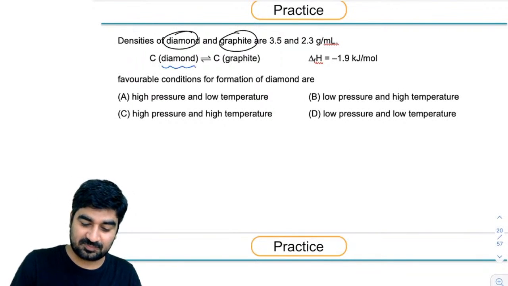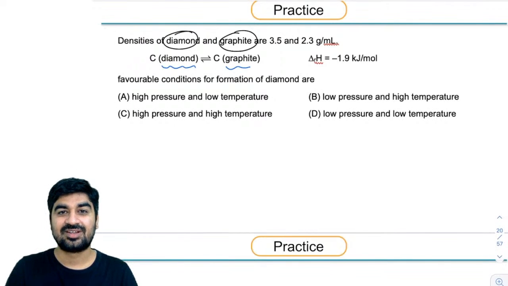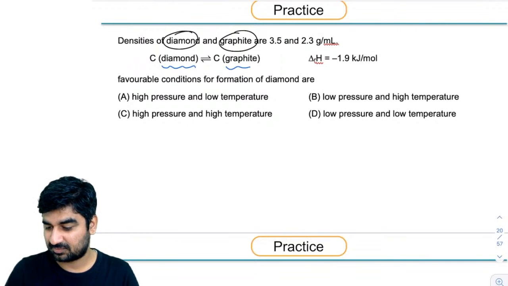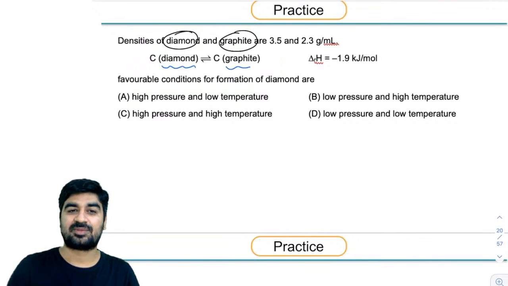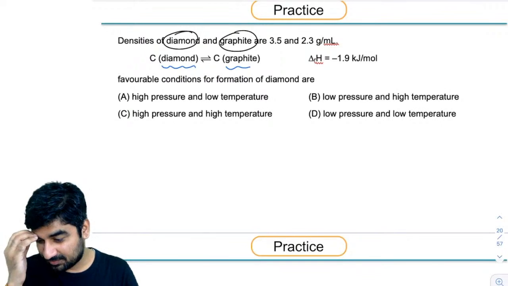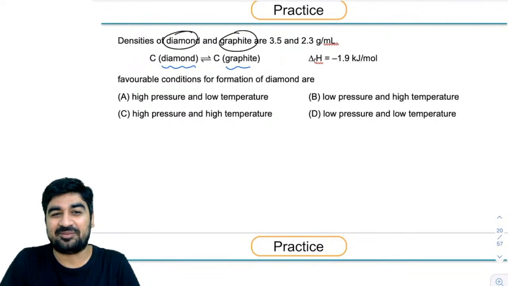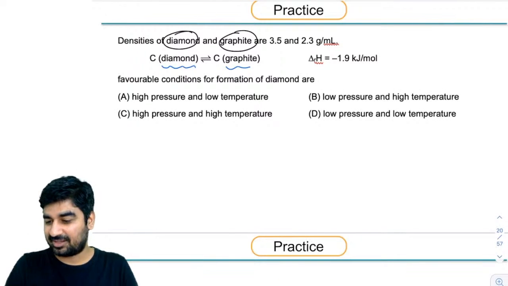Diamond is a solid and graphite is also a solid, right? So there is no gas. How will you answer it? Tell me. I will answer your formula, but before that, answer this.